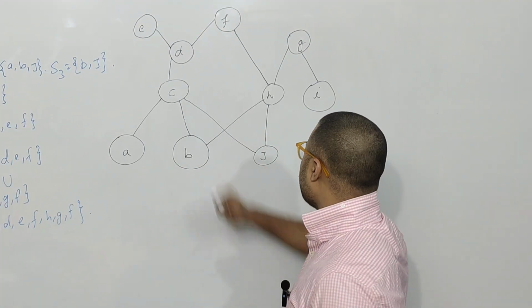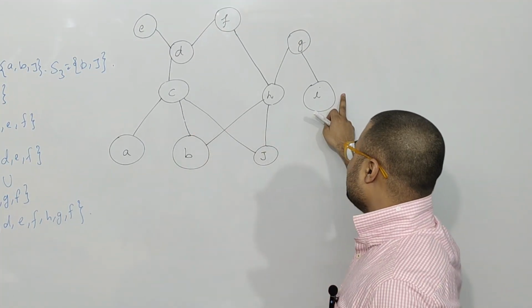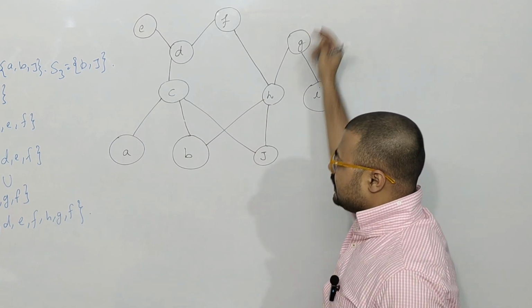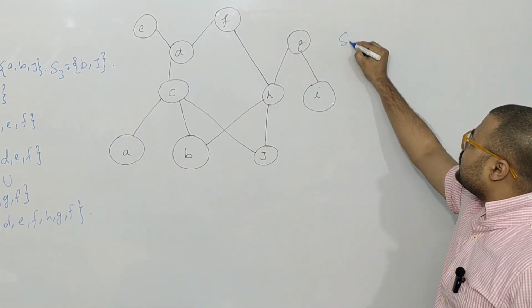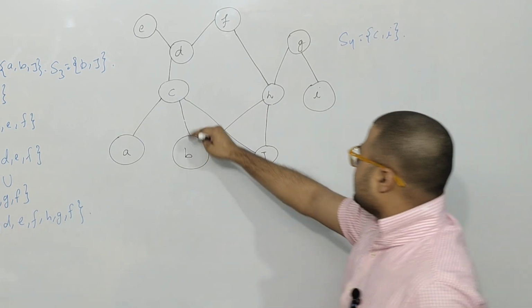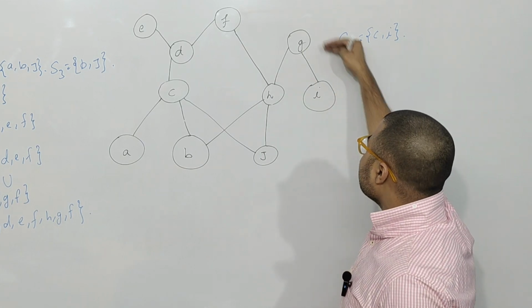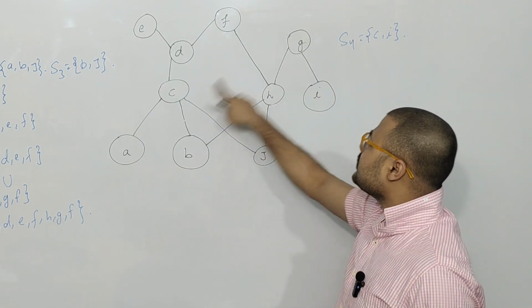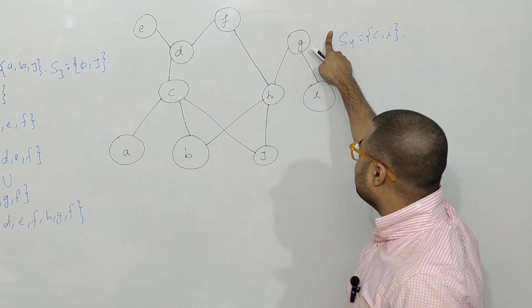Okay, let's take C and I. Let's say S4 is C and I. Then one step above I is G. C is not related to G, so G is not the joint point.